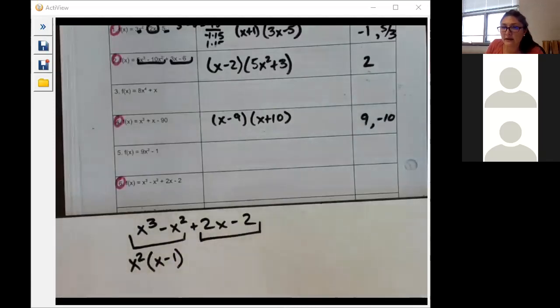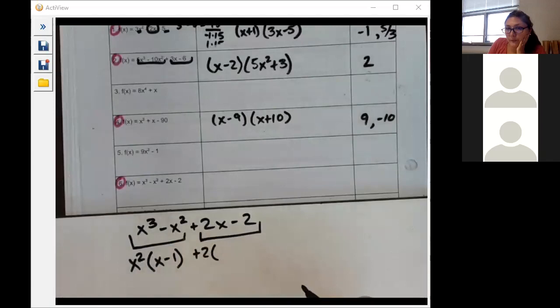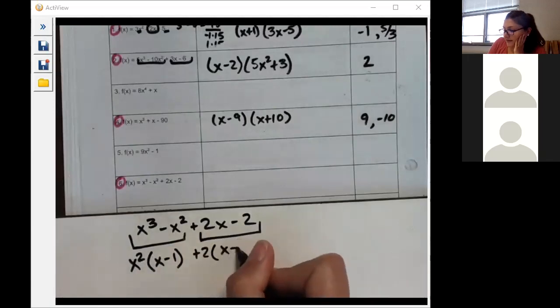How about for my second group? What's my GCF there? 2x minus 2. What do they have in common? Factor of 2. And then what would be left over when I factor that out? X minus 1. Perfect.